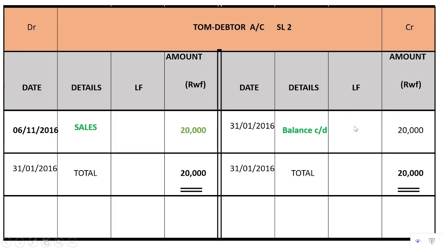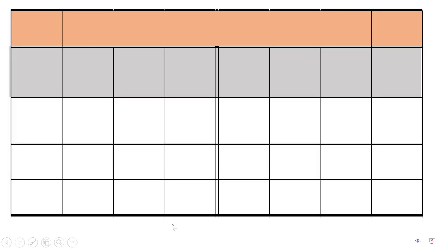This balance carried down changes sides and is called the balance brought down for the next month. It is carried forward to the next month, and the balance brought down is 20K.